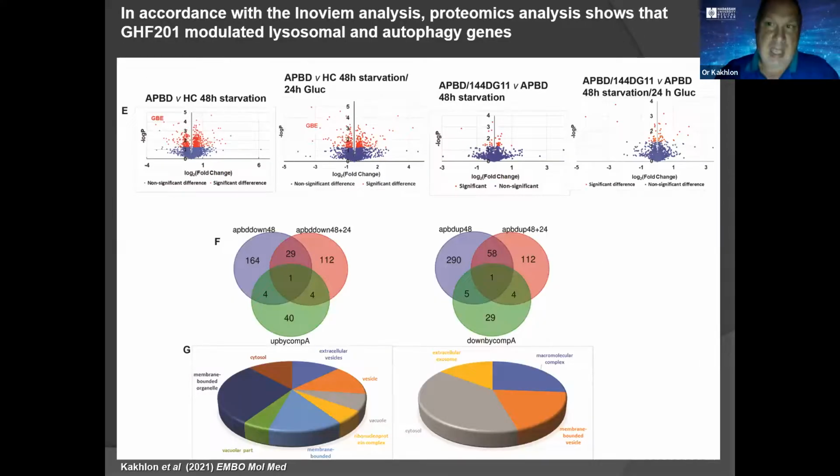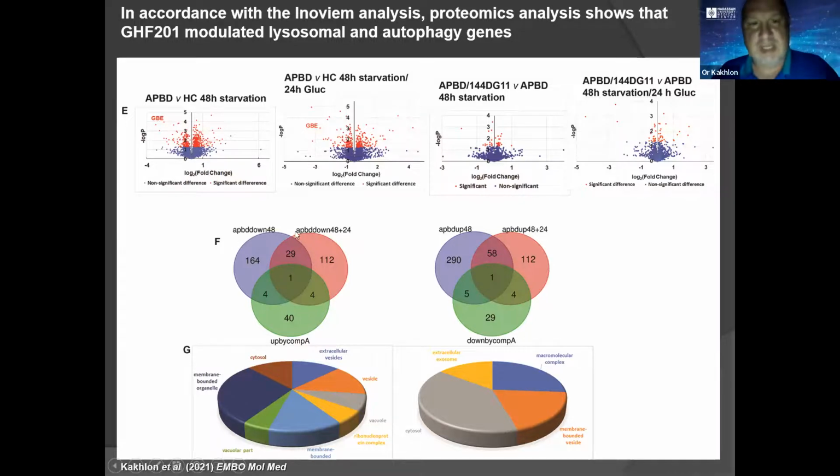Okay. And finally, we looked at the proteomics. Okay, what happens to the proteins which are modified in the cells as a result? And this is a very thorough analysis of a few thousand proteins composing the proteomes. And you can see in this Venn diagram proteins which are down-modulated by the disease, by APBD compared to control, again in two different conditions, glycogen burden in red and without glycogen burden in blue.